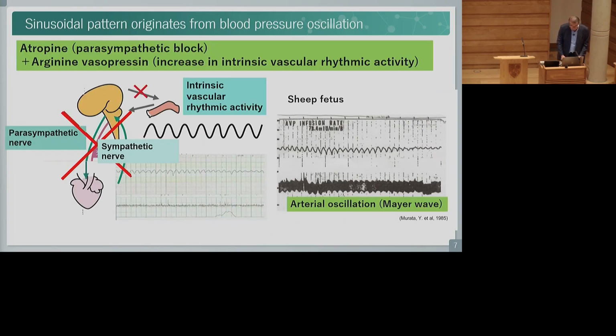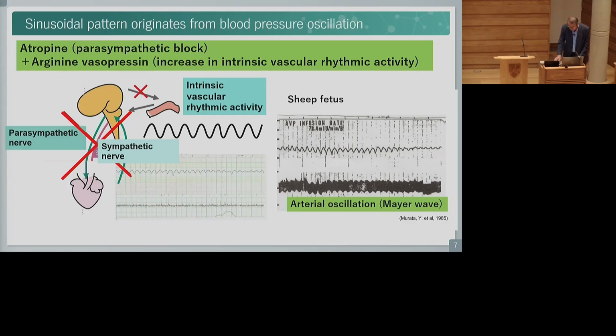This concept can be illustrated by the sinusoidal pattern. In the 1980s, we performed experiments in fetal sheep. After parasympathetic blockade with atropine, we infused arginine vasopressin, which enhanced the intrinsic vascular oscillations. As a result, a sinusoidal heart rate pattern was generated in sheep.